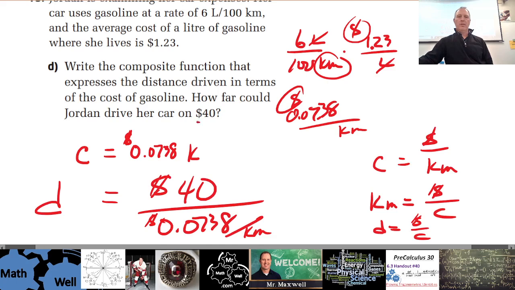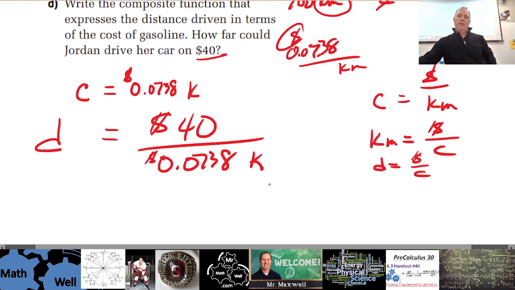So here's 40 divided by your cost function, which is $0.0738 per kilometer. Because your cost is this much per kilometer, you have to have your k down there. So to find out how far she would go, 40 divided by this gives you, and your units here would be kilometers.